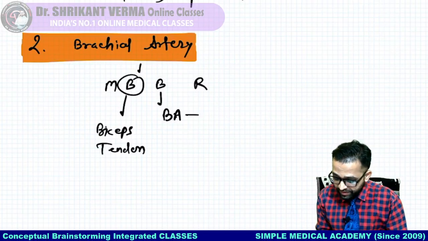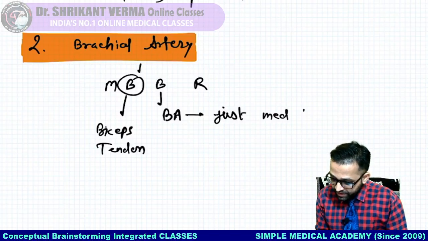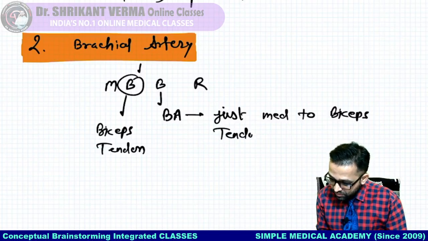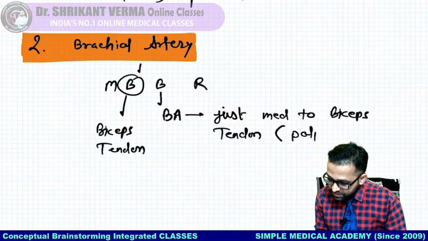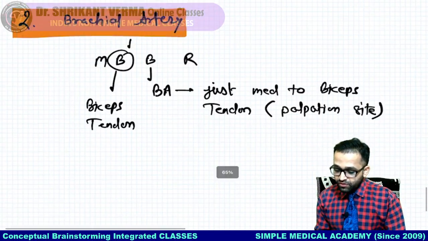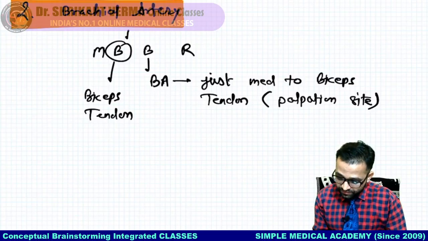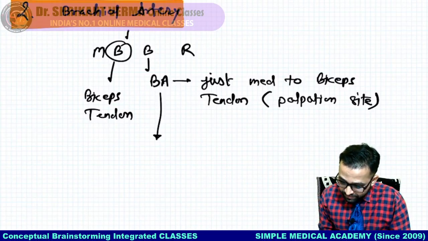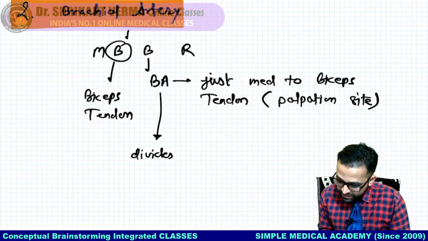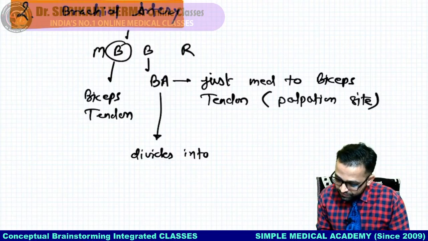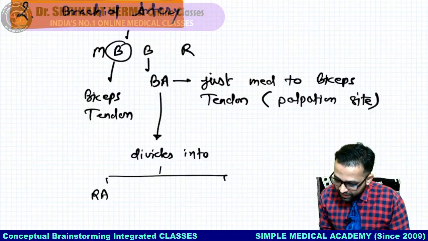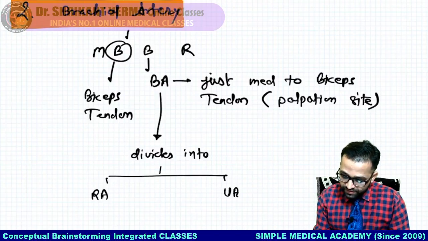So what you can remember is that the brachial artery is running just medial to the biceps tendon. This is the palpation site for the brachial artery. Now what is happening, it divides into the radial artery and the ulnar artery.